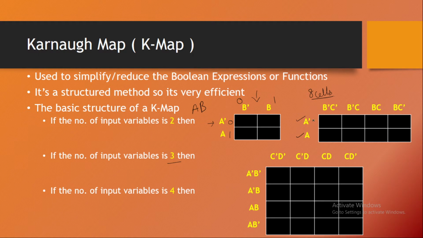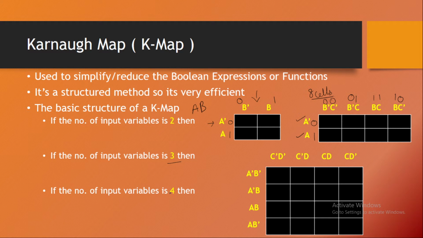In zeros and ones, A dash is represented as 0 and A as 1. B dash C dash is 0, 0, because as I told you, a complemented version of a variable is represented as 0. B dash C is 0, 1, BC is 1, 1, and BC dash is 1, 0.